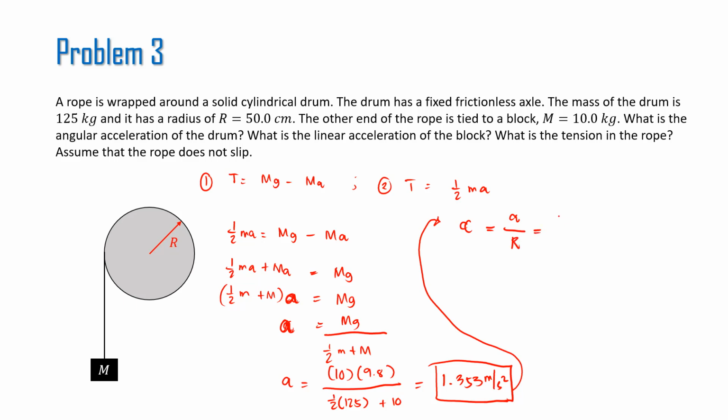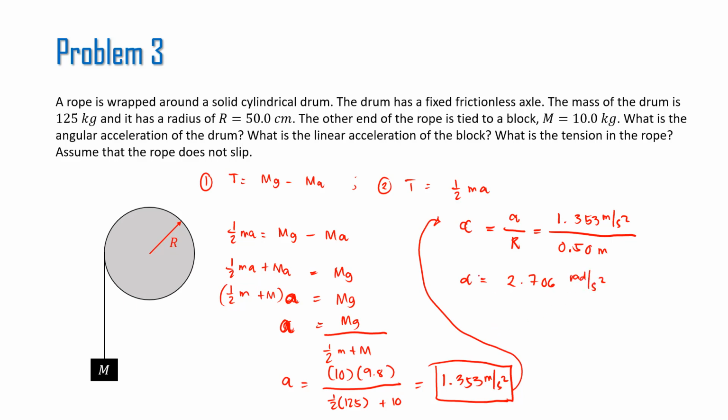The linear acceleration, we have obtained it to be equal to 1.353 meters per second squared, and our R is given, which is 50 centimeters, or 0.5 meters. So therefore, our alpha, the angular acceleration, is equal to 2.706 radians per second squared.